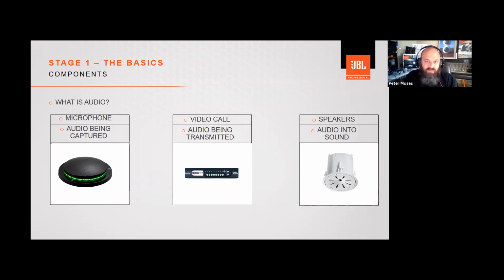Alternatively, we can use devices such as the BSS Blu processors, microphone preamplifiers, or indeed some of my favorite products, the BIBs, which are break-in boxes, allowing us to take an analog audio signal, convert it to digital, and then send it to our network. From there, we move along to the speakers, which is where we hear the audio from. Now, traditionally, we've always digital-to-analog converted before we hit the speakers.